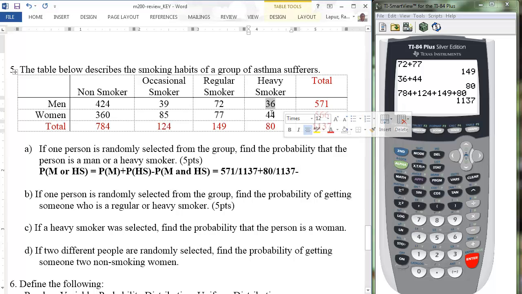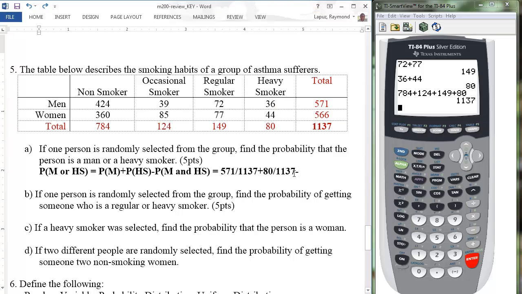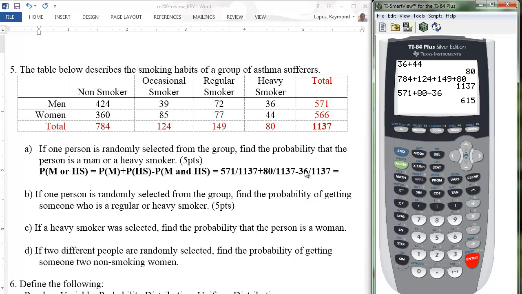There are 36 men who are heavy smokers, so that's 36 out of 1137. If I just add the numerators, 571 plus 80 and then subtract out 36, that's 615.